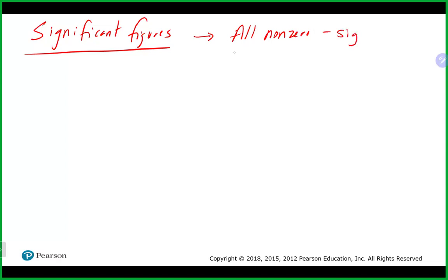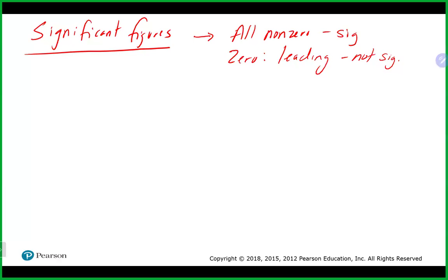When we have zeros, there's really, as we talked about, three types of zeros that we come across. We have the leading zeros, and those are not significant. Those are all the zeros that come before we hit the very first non-zero number. So when you look at a number, you want to count how many significant figures it has.